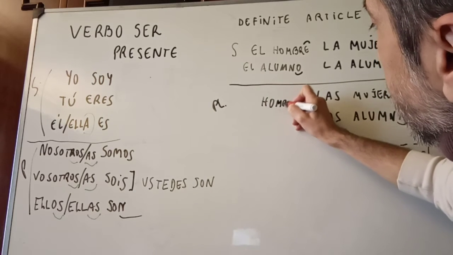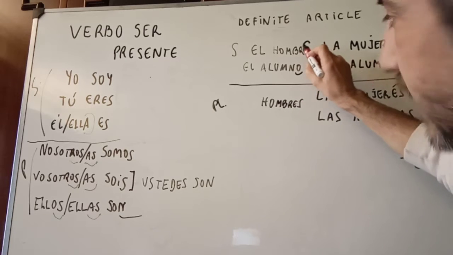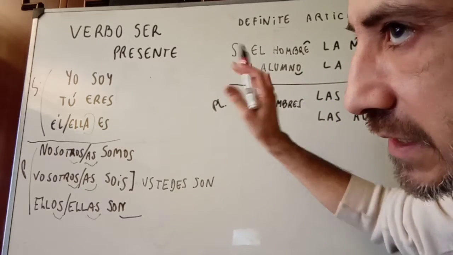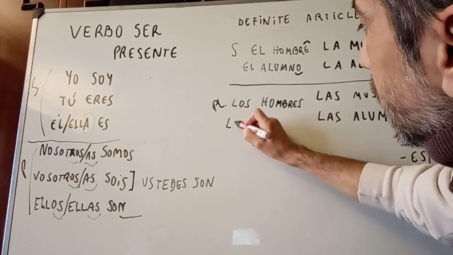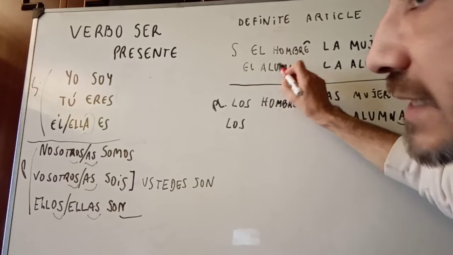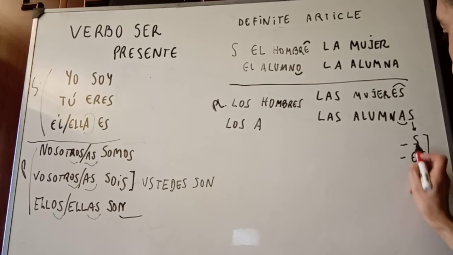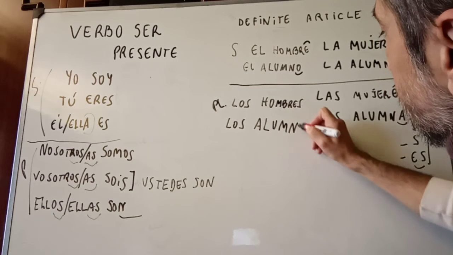The word hombre, we just add an S because it already ends with E, hombres, and the article changes totally, los. Los here it's easier because it already has the vowel, the O, so we only add S. Los alumnos.